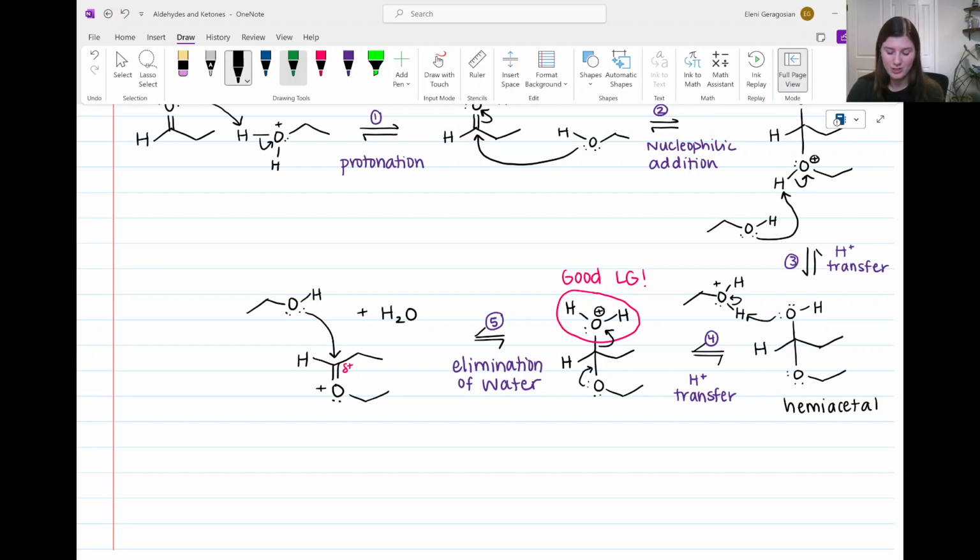Electrons from the oxygen will create a bond to that partial positive carbon. Electrons from that carbon to oxygen double bond will then be owned by that oxygen. We are on step 6 and we are almost done after this. So step 6 is a nucleophilic addition.